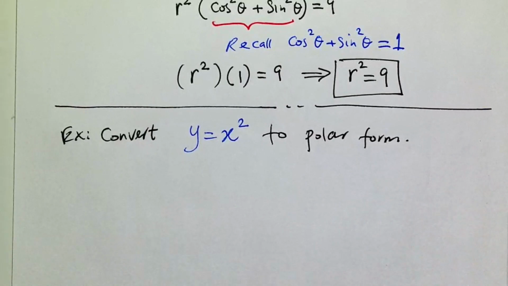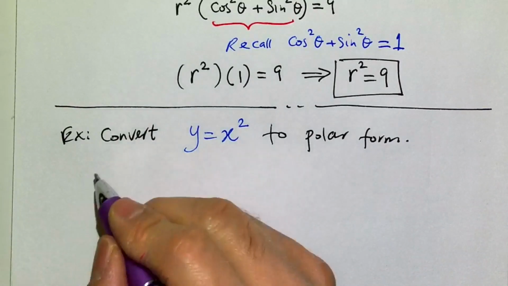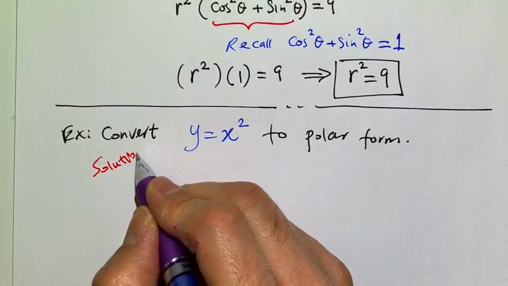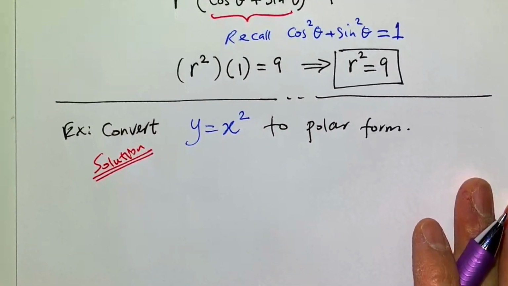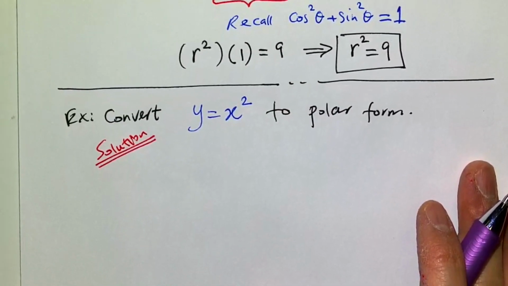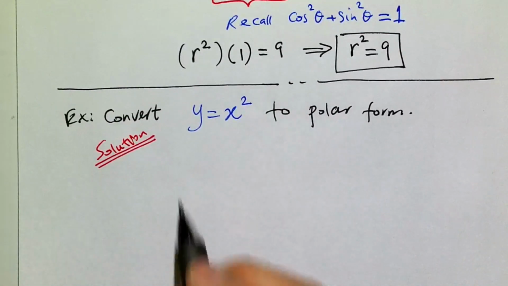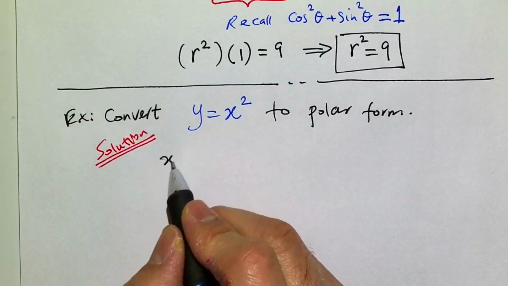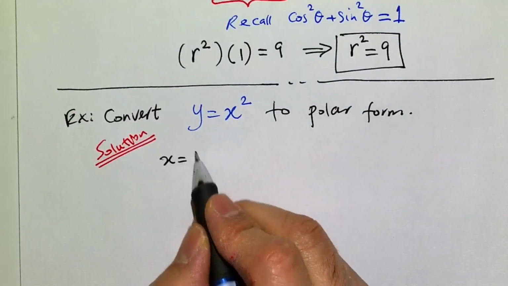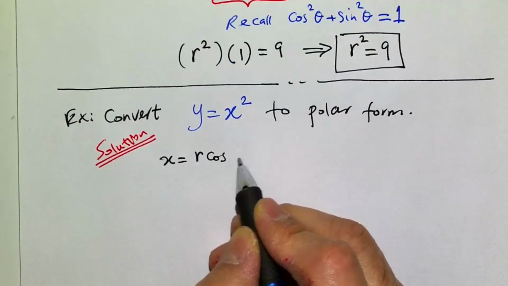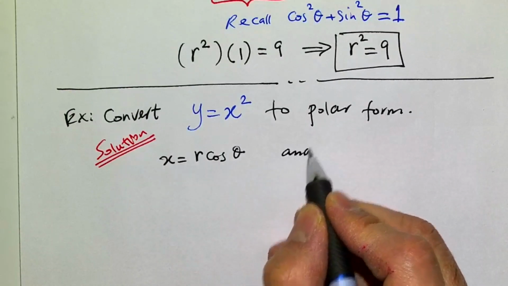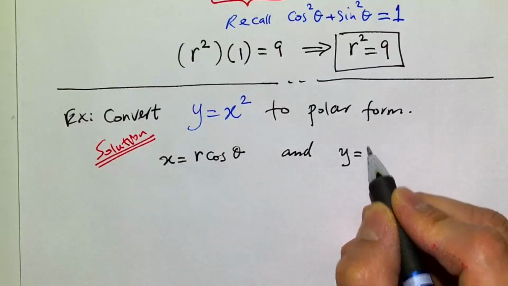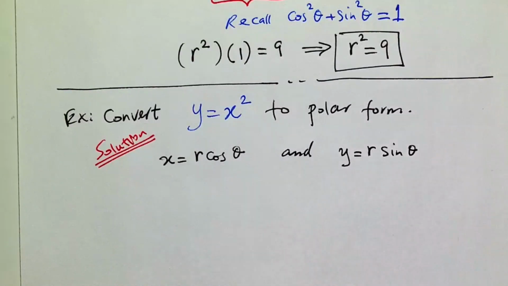Okay, once again, I'm counting on the fact that you may have paused the video and already gotten your own solution. That would be great. So once again, x equals r cosine of theta, and y equals r sine of theta, right?